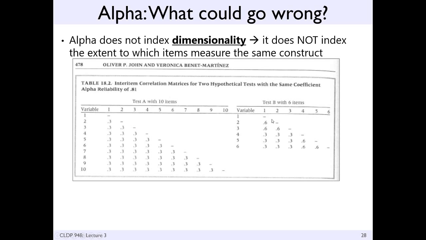Versus this test over here, it has 6 items, and there are 2 pockets. Items 1, 2, and 3 are more correlated. Items 4, 5, and 6 are more correlated, and then they do share some overlap. Both of these correlation matrices yield an alpha of 0.81, even though one of them is clearly 2 dimensions and the other is clearly 1.